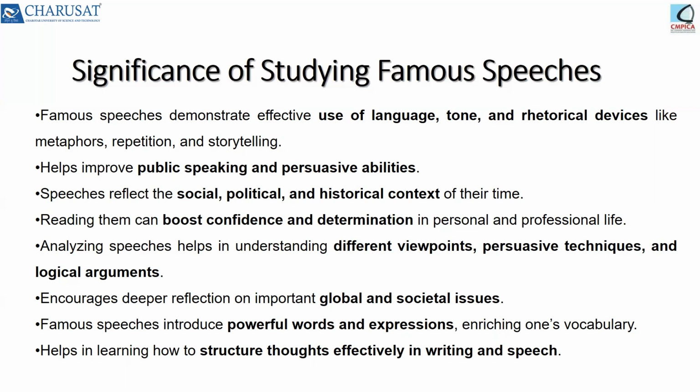Again, it encourages deeper reflection on important global and social issues. Okay. Whenever we are talking about global and social issues, societal issues, there are multiple common factors that every country, every nation, every state, and every kind of gender has faced.